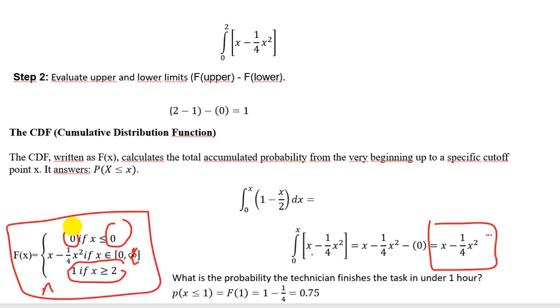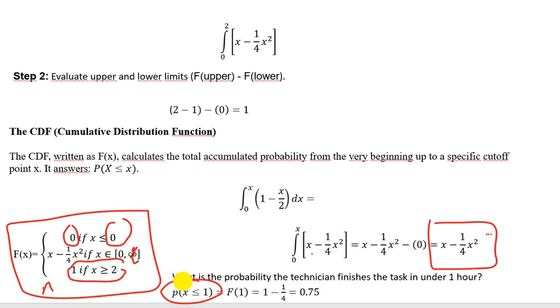So let's take an example. If I ask you what is the probability that this technician takes less than 1 hour, so we want to find P(X) less or equal to 1, it's F(1). It's like we are looking for F(1). Here 1 is within the range between 0 and 2.